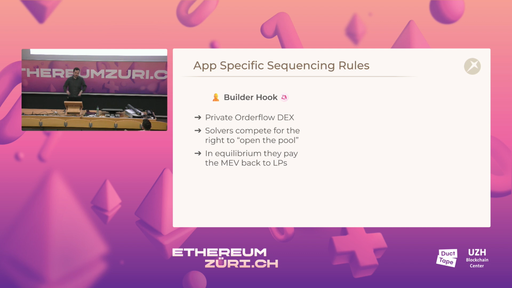And of course, in equilibrium, when they compete against each other, they tend to pay back the MEV they would extract back to the pool, back to the LPs. So again, we recover the capital efficiency of concentrated liquidity provided by Uniswap v4. We can give very, very concentrated, very efficient quotes to solvers just by changing these ranges according to maybe volatility.